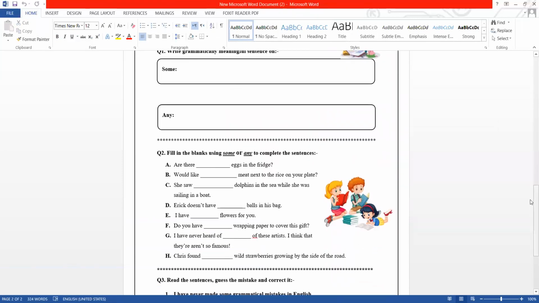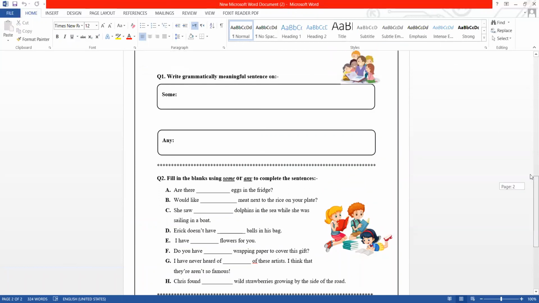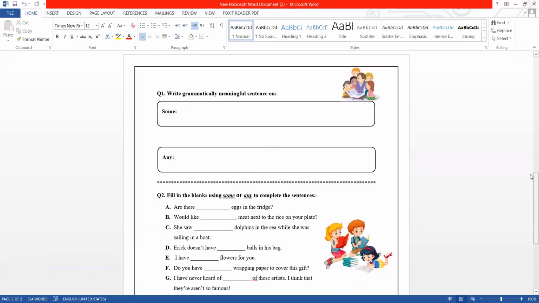Now it's your turn. Let's write a grammatically meaningful sentence with some. Take your time. Good job. An example of a sentence with some, we can say, she has some oranges in the basket.